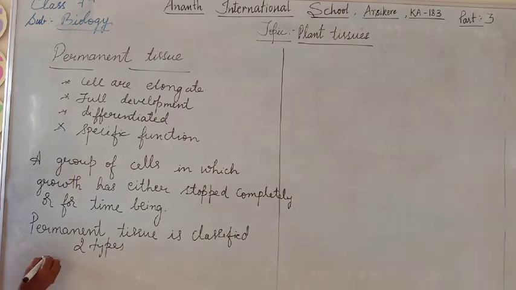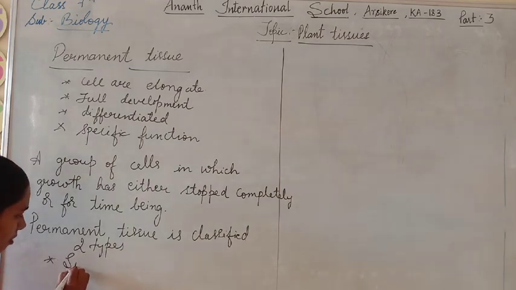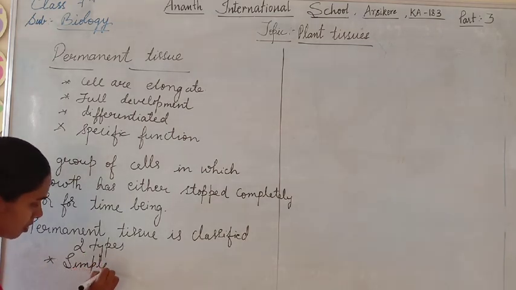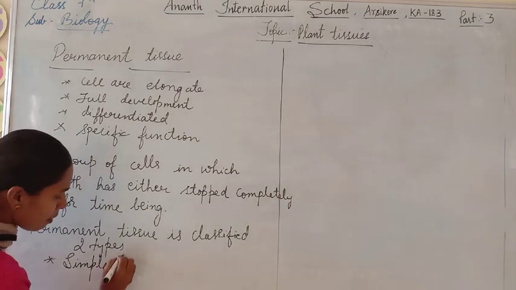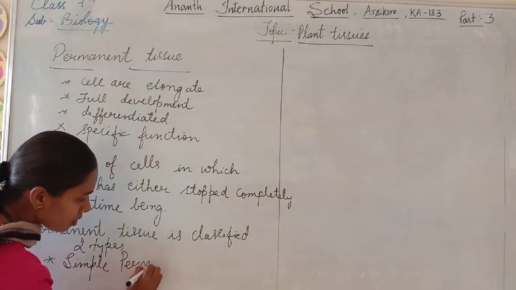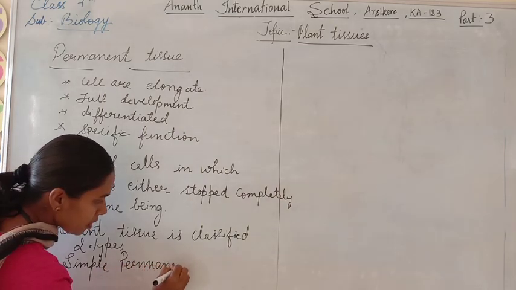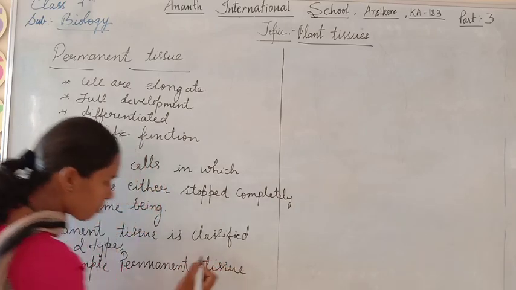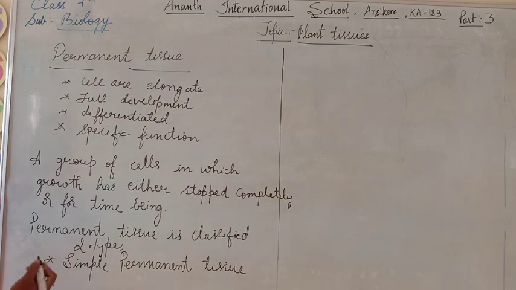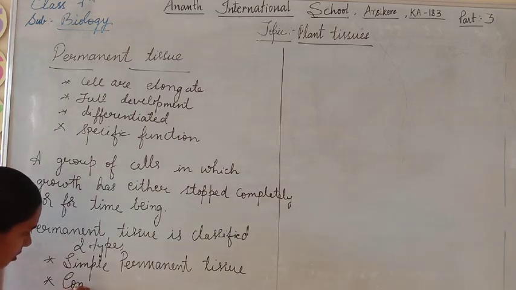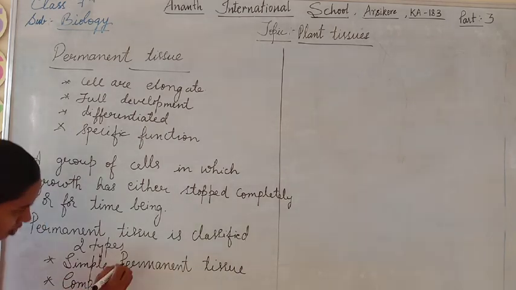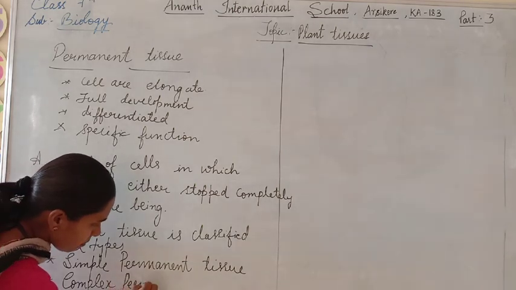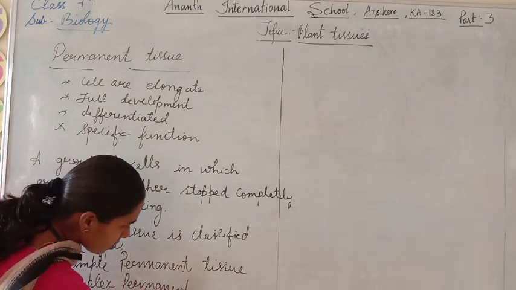The first type of permanent tissue is simple permanent tissue. And the second one is the complex permanent tissue.